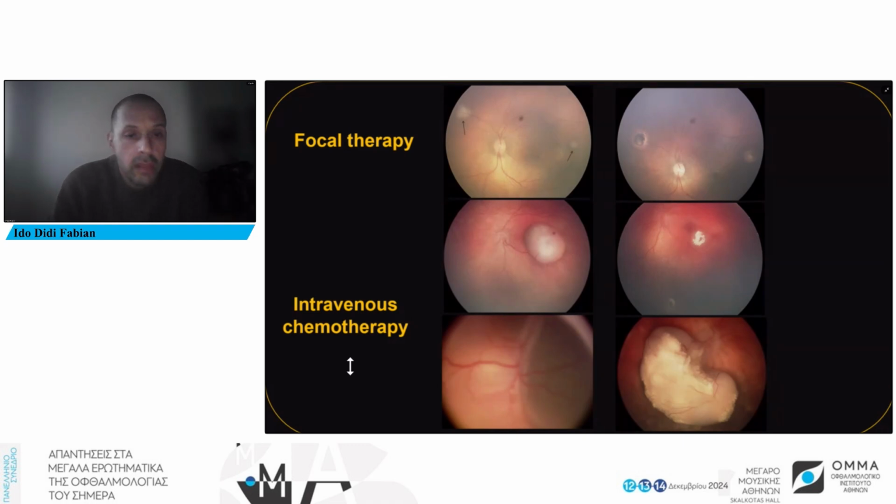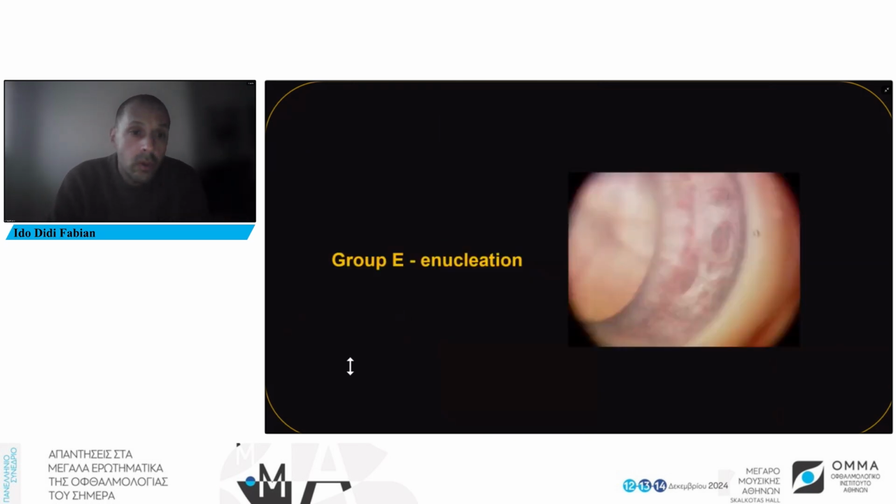When we understood that, our community stopped using external beam radiotherapy and started using intravenous chemotherapy, and that's the main treatment throughout the world. Group E eyes are usually enucleated.